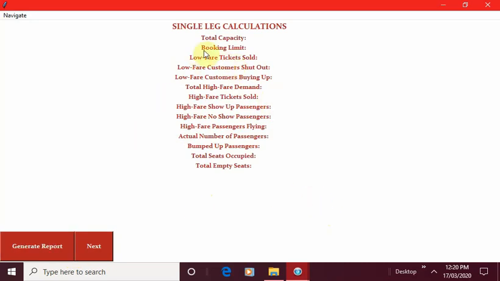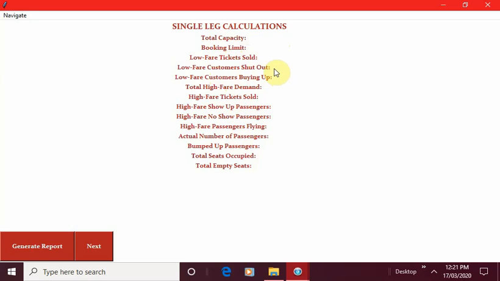Here the report would have all the calculations: the total capacity, booking limit, low fare tickets sold based on the booking limit, and the low fare customer shutout who did not get the ticket for the low fare.